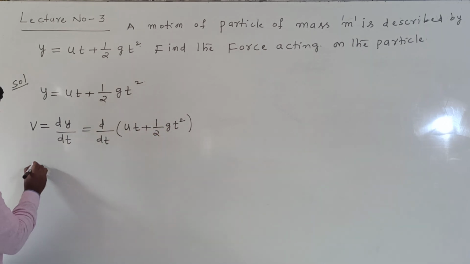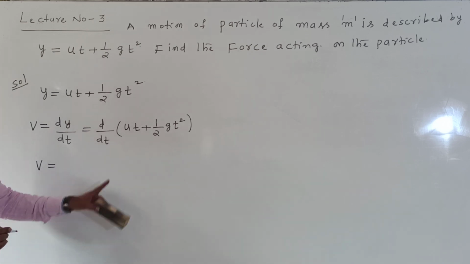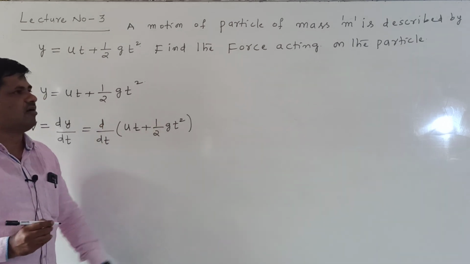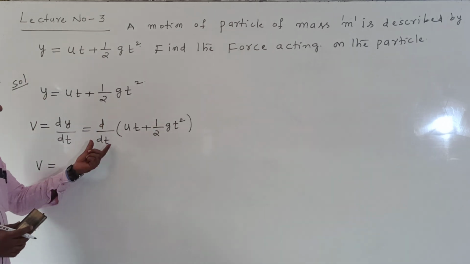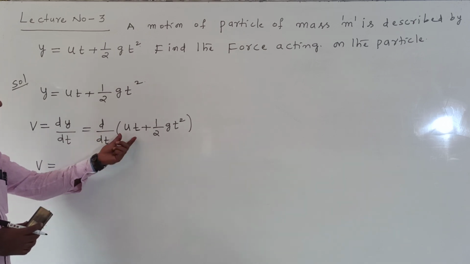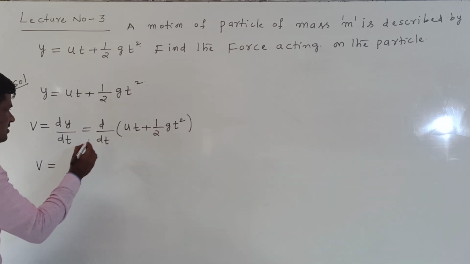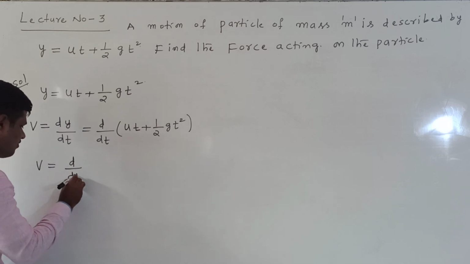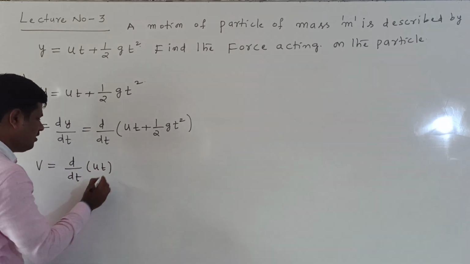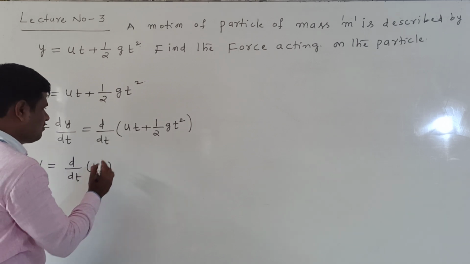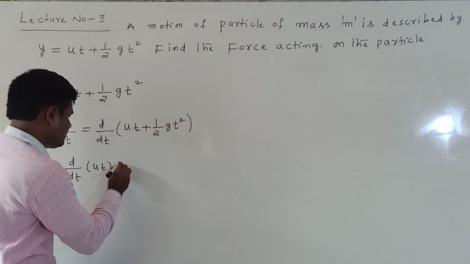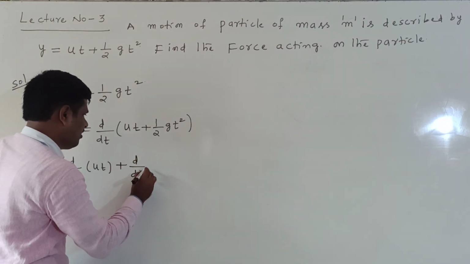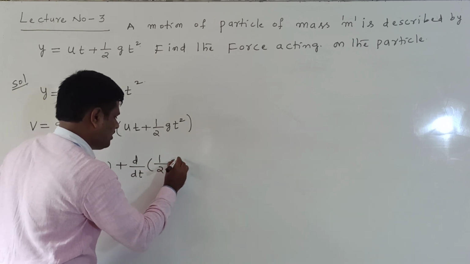Now we need d by dt of ut plus half gt square. Splitting this, it is d by dt of ut plus d by dt of half gt square.